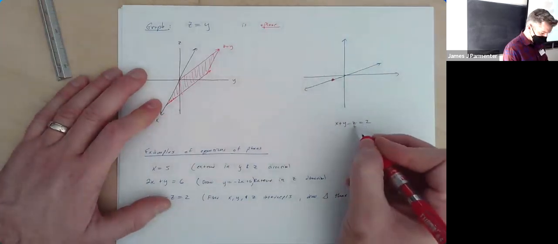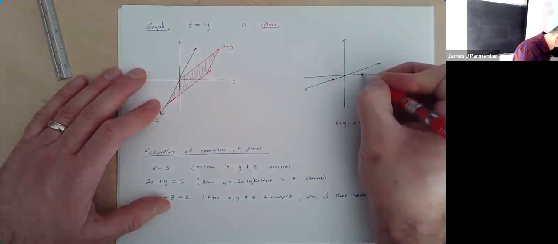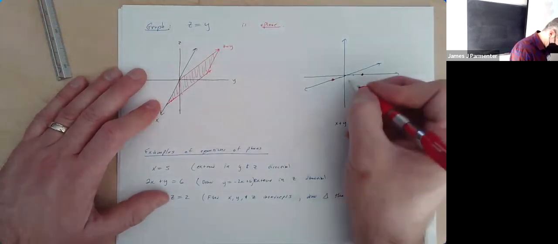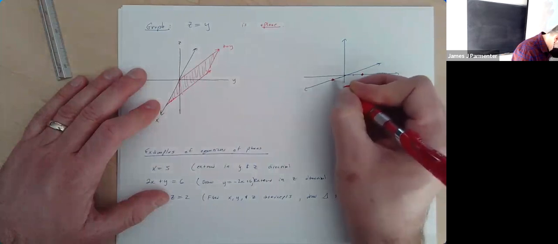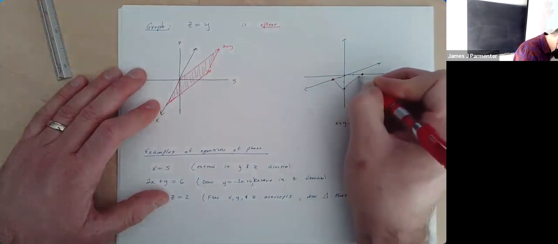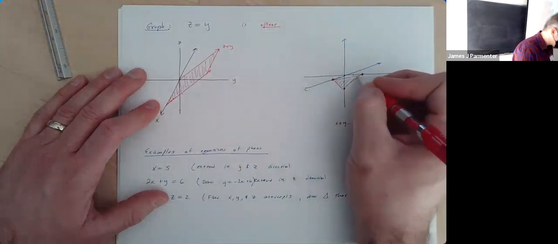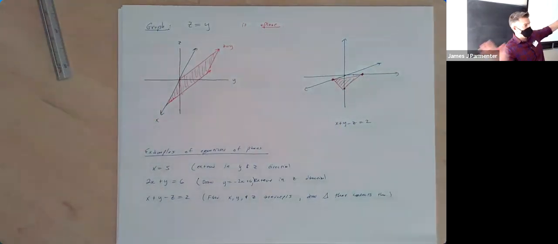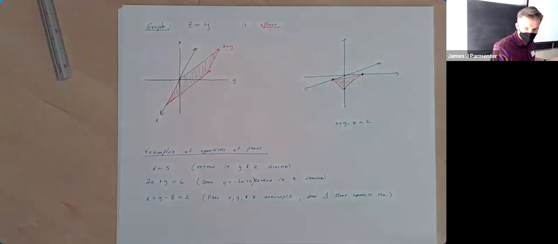If x and z are 0, then y is going to be 2. If x and y are 0, z is going to be negative 2. So there's a slice of the plane that's describing. The plane really is the whole thing that happens to have that triangle in it, but we typically just draw the triangle part because it's easy.